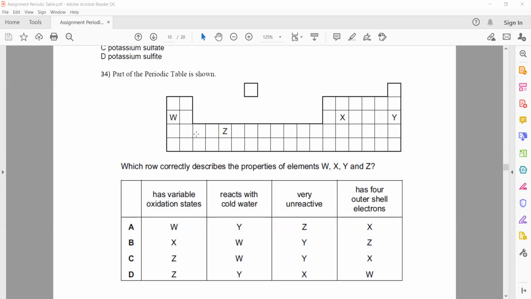C is the answer. As you can see, variable oxidation, transition element is there. Reacts with cold water, alkali metals, very unreactive, and has four, because this is group 1, group 2, group 3, and group 4, so it will have 4 outer shell electrons.